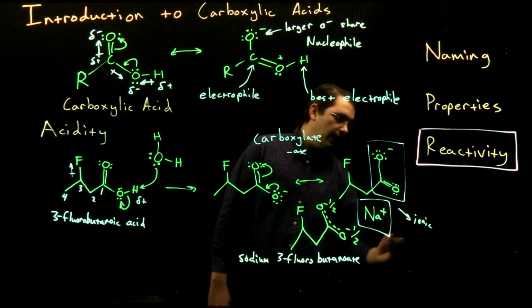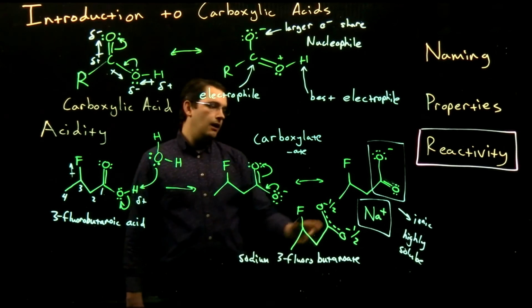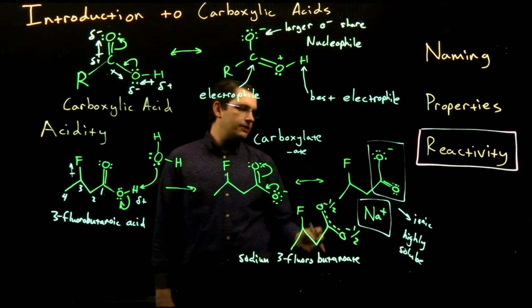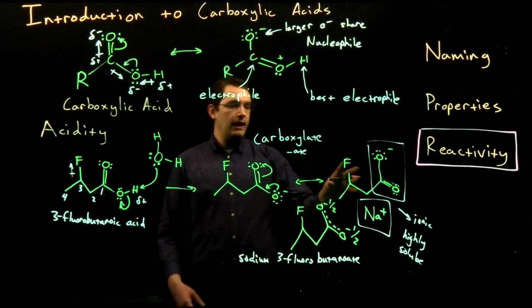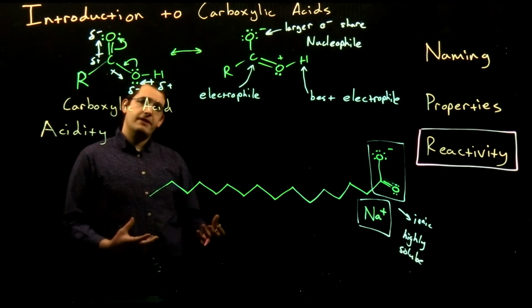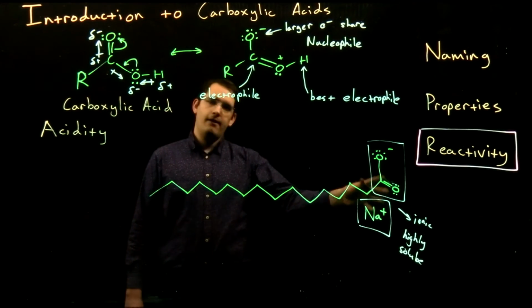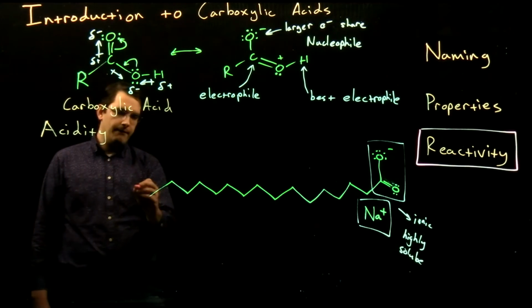So we have an ionic component that's highly water soluble, whereas our carbon chain doesn't really like water, right? So we actually have a very soluble portion of our molecule and then a less soluble portion of our molecule. This difference in solubility within our molecule is especially significant if we have a carboxylate group attached to a very long carbon chain.